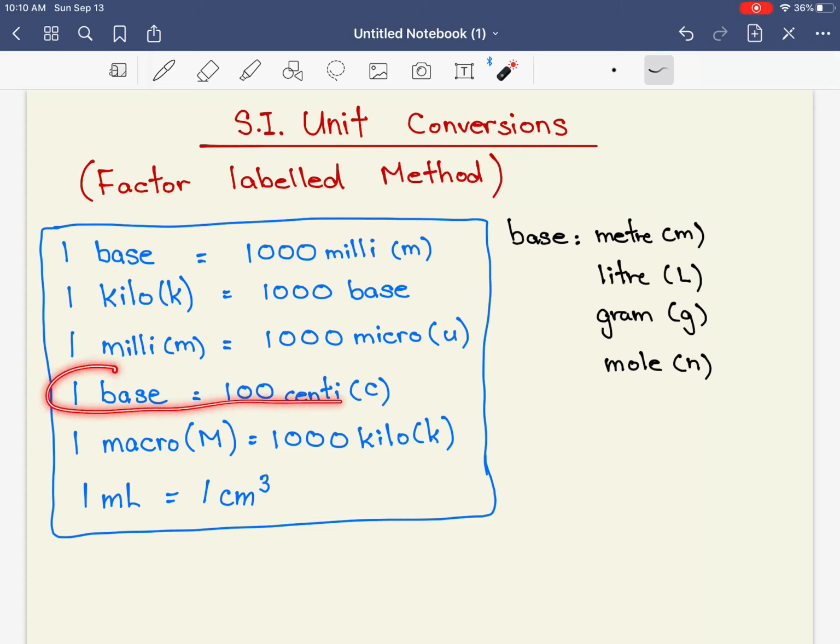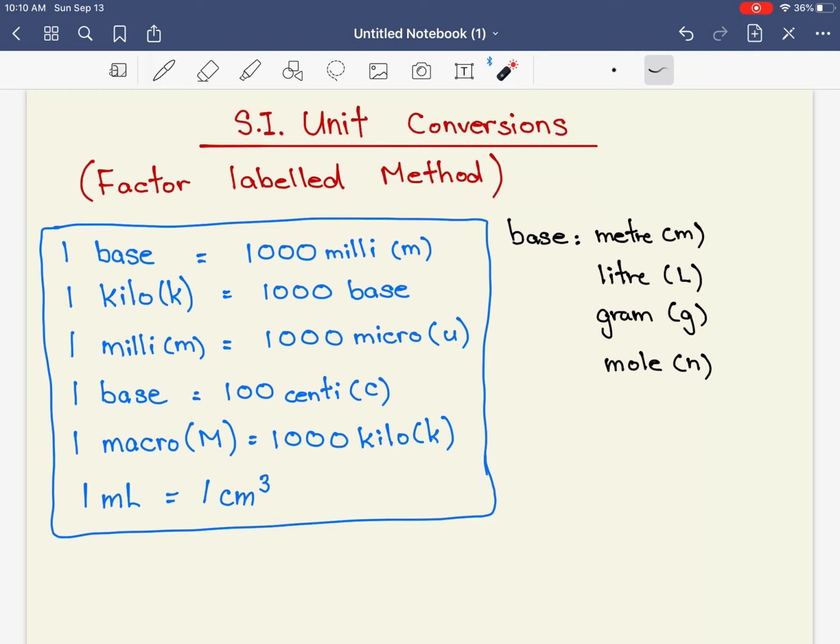Let's take a look at this one then. 1 meter will equal 100 centimeters, and so forth. 1 millimole is equal to 1,000 micromoles. Very rarely would you say micromole; trust me, you're not going to see micromole a lot.